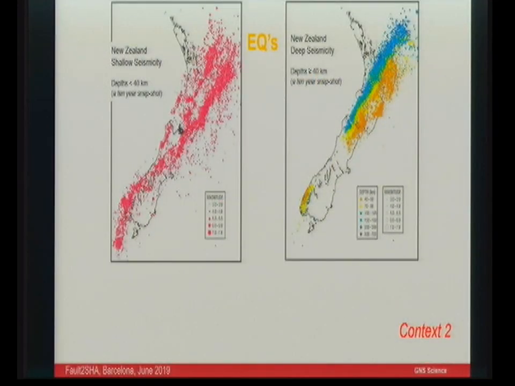Here's the seismicity. This is less than 40 kilometres, and a 10-year snapshot, I think above magnitude 3. So very much upper plate stuff. Well, it's upper plate, but it's in the subduction zone. The back arc volcanism area, down through Marlborough and into the South Island.